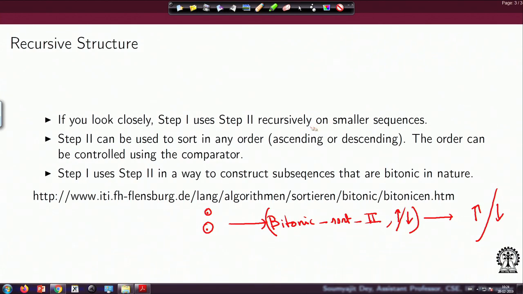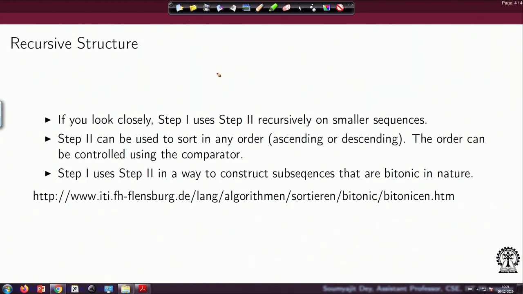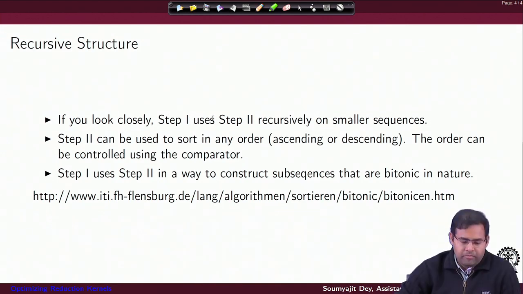So, in that way I can keep on applying step 2 recursively on smaller sequences and keep on constructing the different phases of step 1, right? In that way we need to remember that for constructing step 1, I can look into it as constructing subsequences by using smaller versions of step 2.